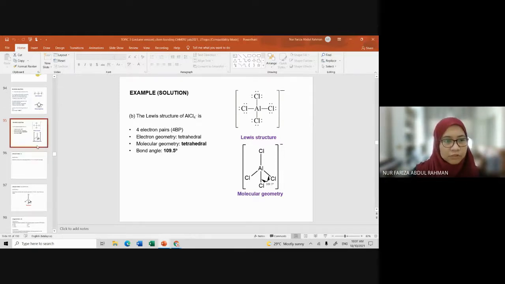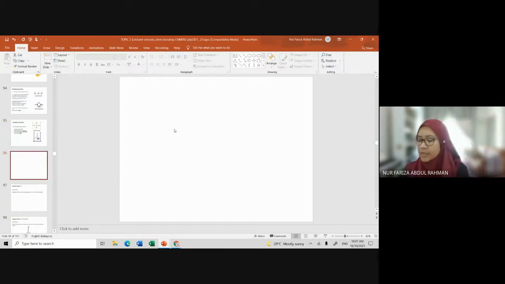Maybe you can have a blank slide here. If I were to conclude VSEPR, this is how I would encourage you to draw all the electron geometries.